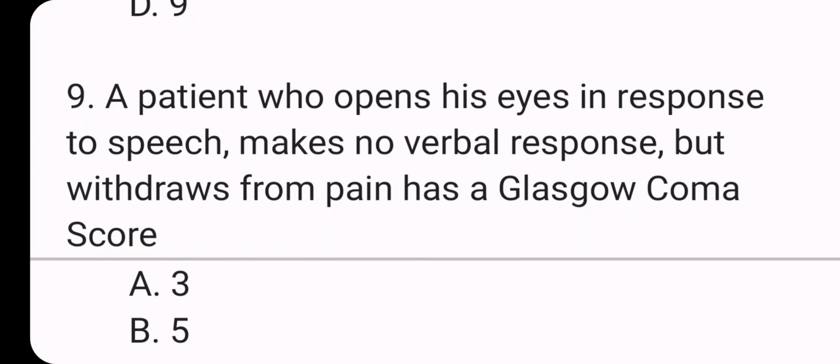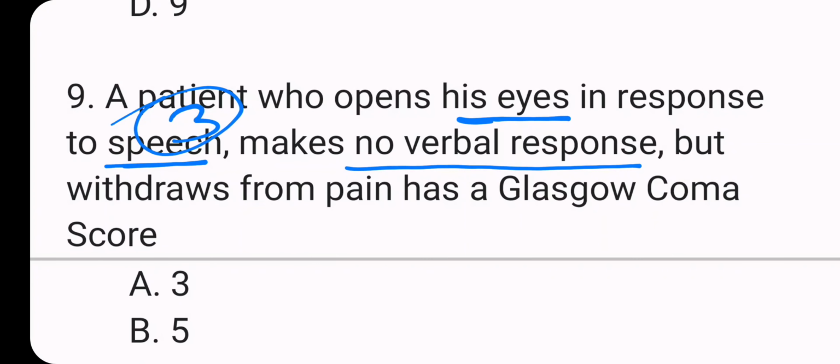Next question: a patient who opens his eyes in response to speech, makes no verbal response but withdraws from pain, has a Glasgow Coma score of? Eye opening in response to speech has a score of 3.